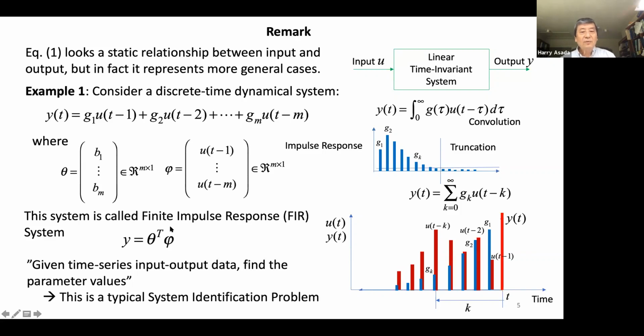It's called a finite impulse response, FIR model. So given some observation of input-output data, oftentimes we like to find these coefficients g1 to gm. That's one of the typical system identification problems. In fact, this form you can see in many applications.